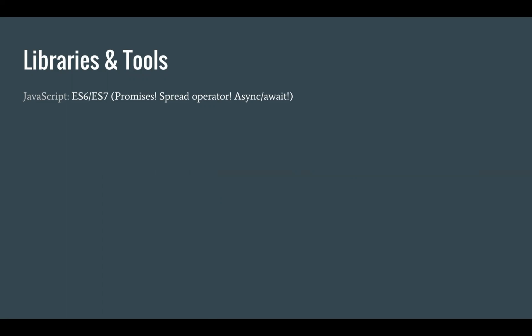Promises, the spread operator, default parameters for functions. They make your life so much easier. And if you're making the jump from Angular to React, that's a really good time to start using ES6, because it makes your code a lot cleaner and easier to follow.